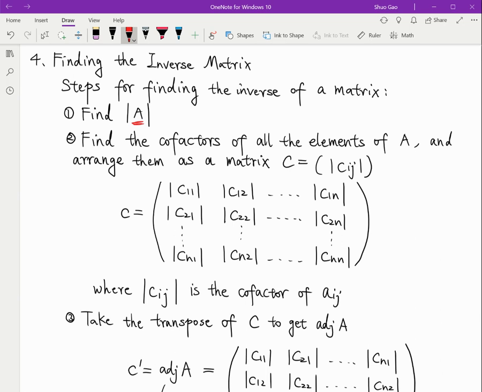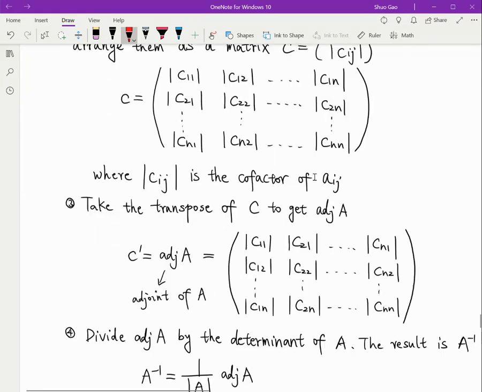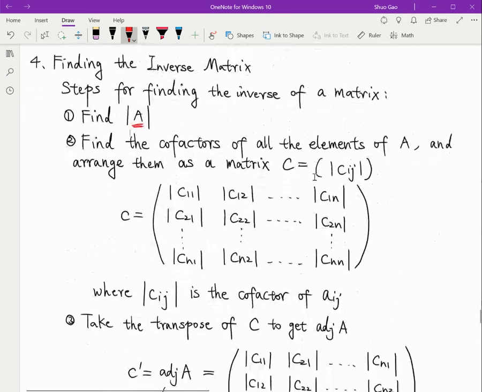Because there's a complex equation we didn't use here. So the first step is to find the determinant, and the second is to find all the cofactors of all the elements of A, and we arrange them as a matrix C. So this matrix C contains all the cofactors of the elements.